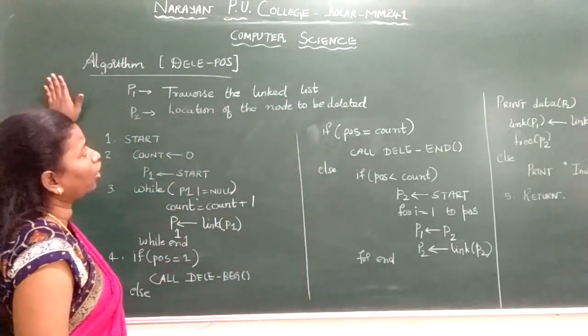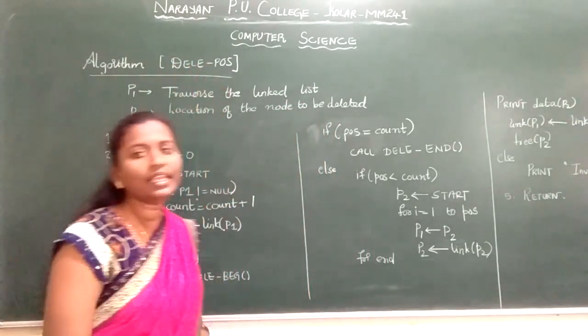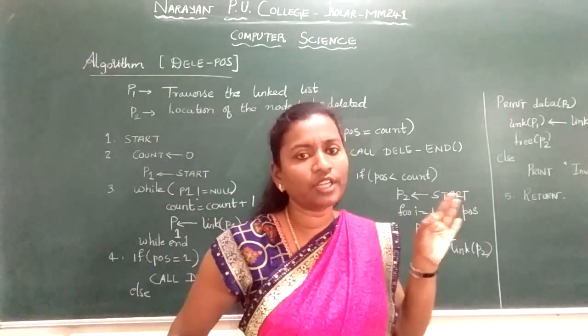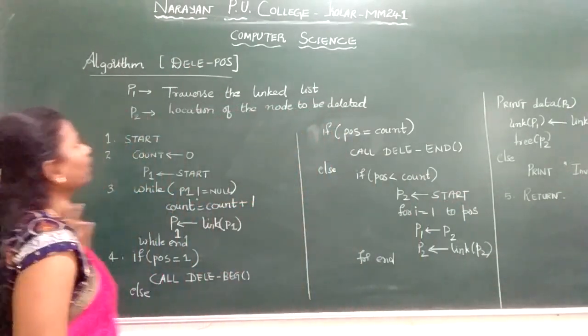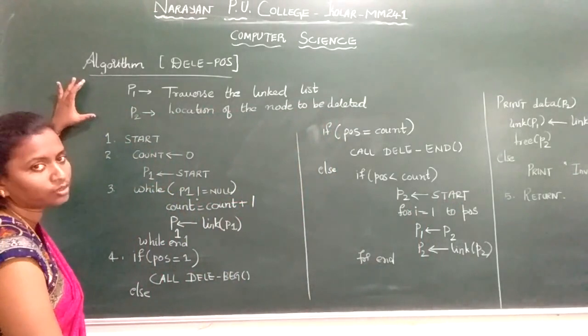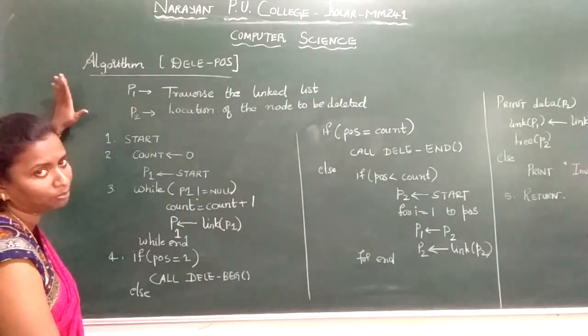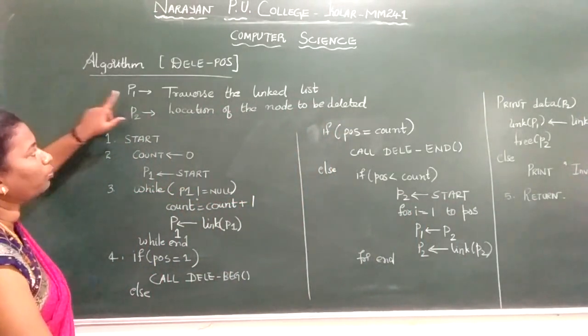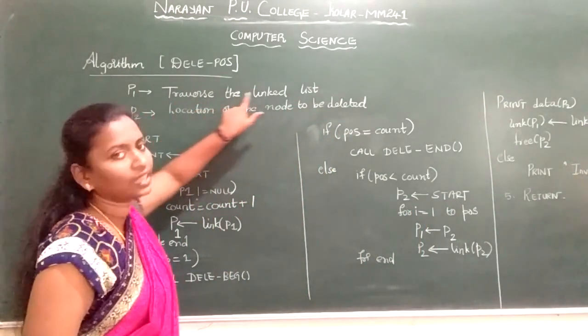I've taken an algorithm to delete the element at the given position. I'll give a position, and at that particular position you need to delete the given element. Usually in our algorithms we have seen only one pointer, P1 or P. Here we have taken two pointers. P1 is to traverse the linked list.